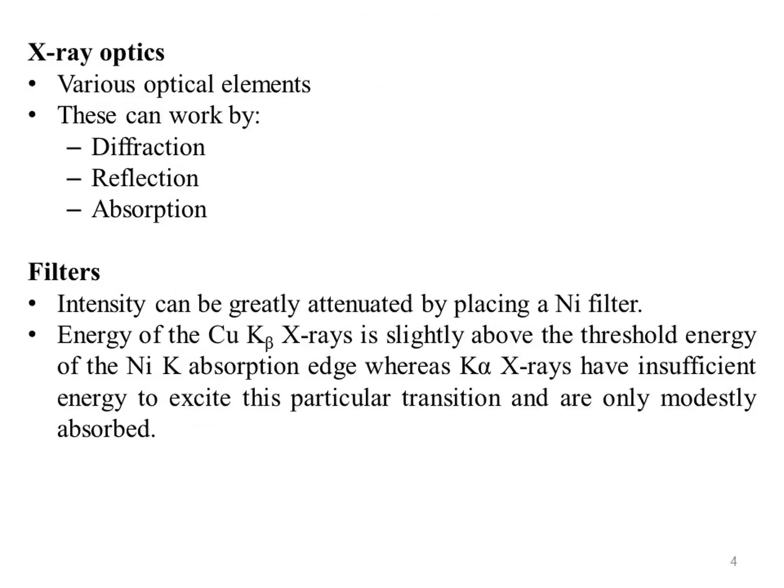Now we will discuss what X-ray optics are. Various optical elements can be placed in the beam path to tailor the characteristics of the X-ray beam. These can work by diffraction, for example a monochromator crystal, reflection like a mirror, or absorption like a filter or slits.